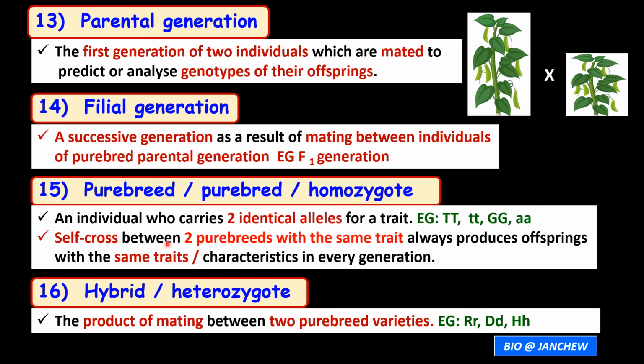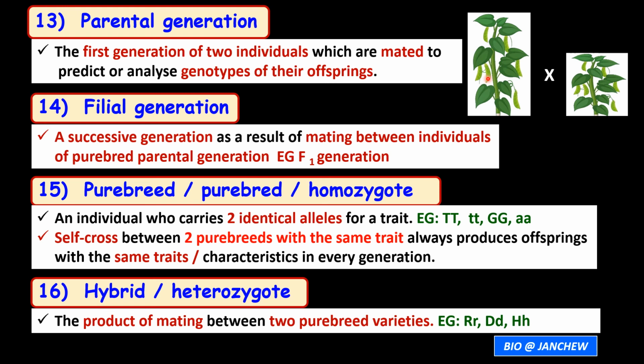Now, a self-cross between two purebreds with the same trait always produces offspring with the same traits or characteristics in every generation. So if we take two purebreds, for example, the purebred tall plant, and we cross it with another purebred tall plant, that's called a self-cross because the two plants are of the same type. Now, if you cross a purebred tall plant with another one of the same type, it will produce offspring which are also purebred tall.